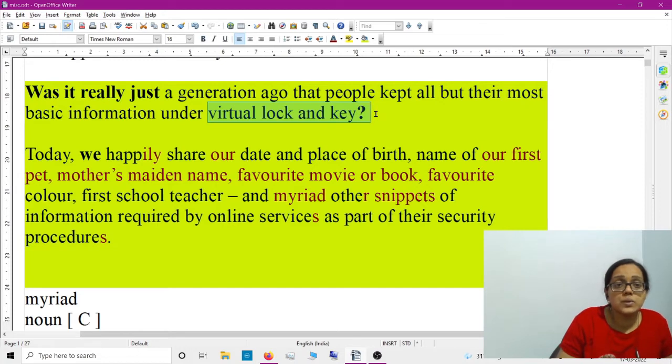So it's a question, so you can also apply this type of question format. Was it really just a generation ago? So rather than saying in the past, a few decades ago, you say a generation ago, that people kept all but their most basic information. See, even their basic information they kept under virtual lock and key.